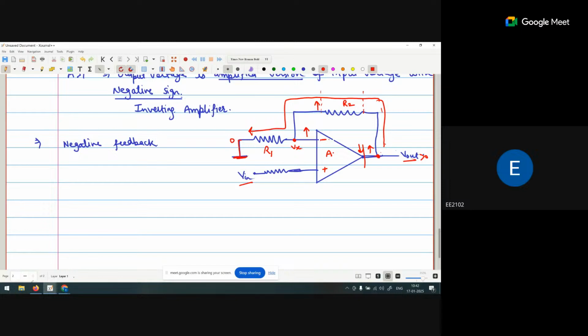Now can I draw this: this is my V out, R2, R1 grounded, and this point is Vx. So what is the current in this path? V out upon R2 plus R1.